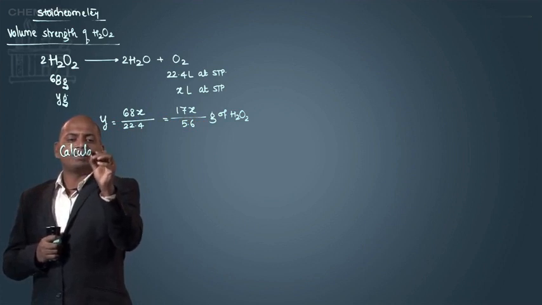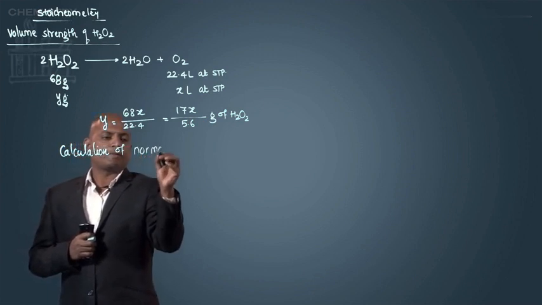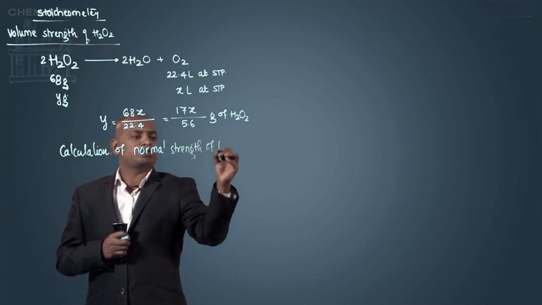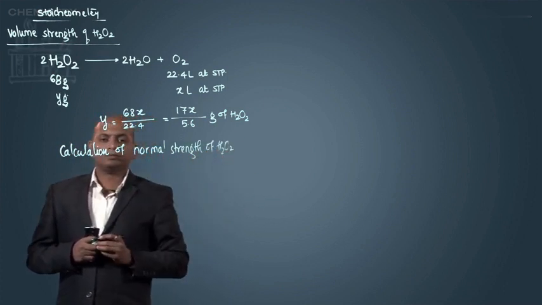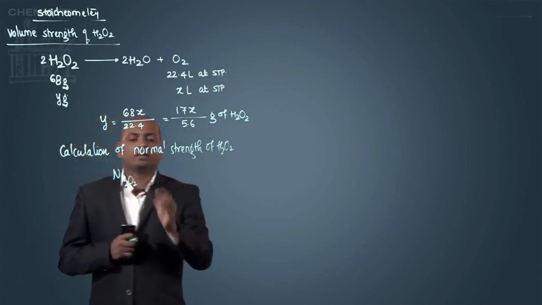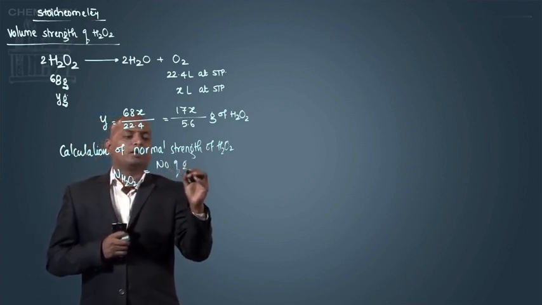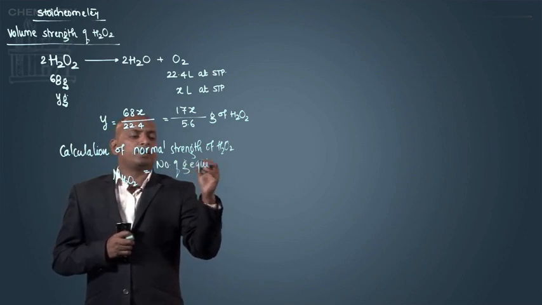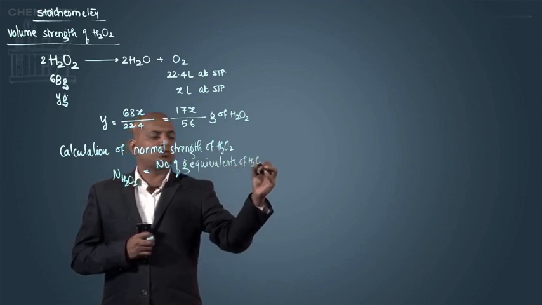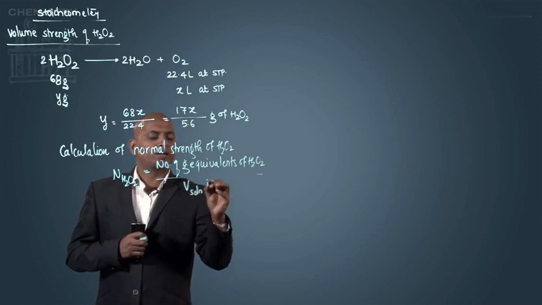So, calculation of normal strength of H2O2. What do you mean by normality? Normality of hydrogen peroxide is equal to number of gram equivalents of H2O2 divided by volume of solution in liters.